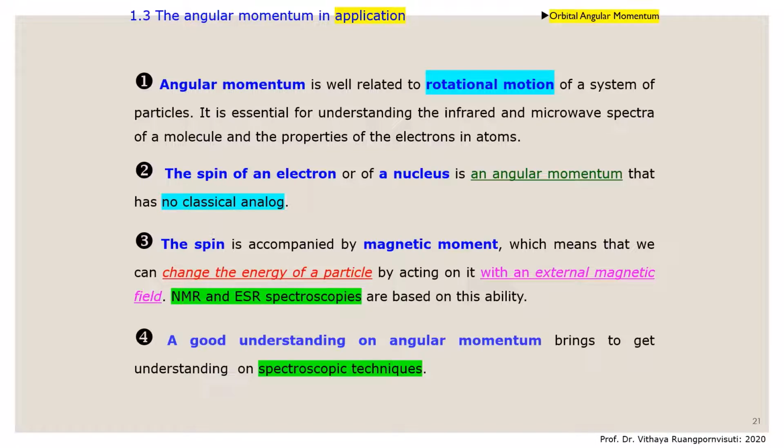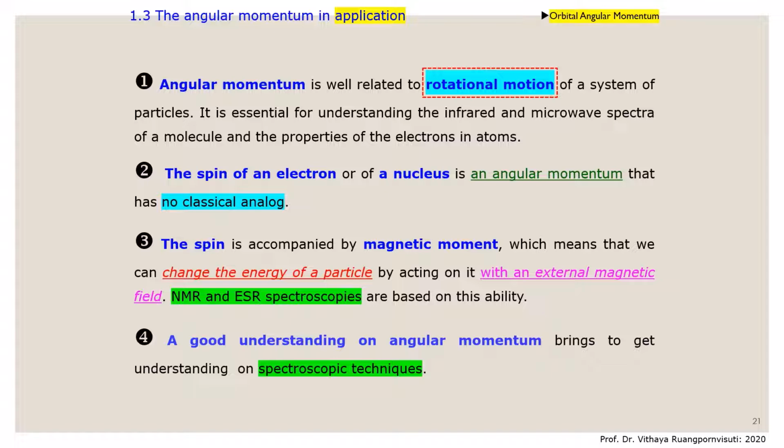First, angular momentum is related to the rotational motion of a system of particles, in this case the electrons. It is essential for understanding the infrared and microwave spectra of a molecule and the properties of the electrons in atoms.